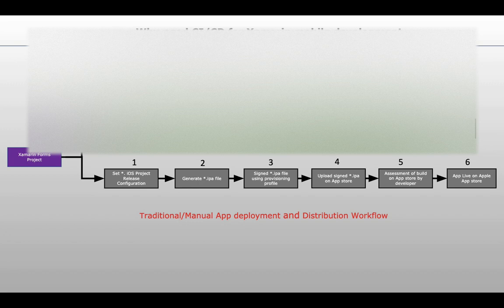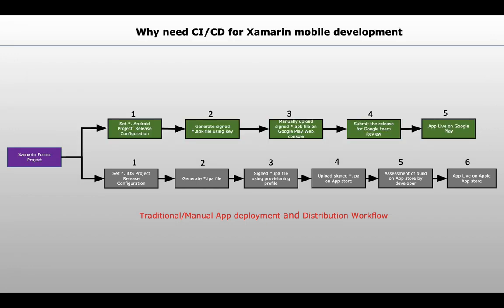If you notice, for Android you need to perform five different steps to roll out or share your build, so the app will be available for downloading by your customer or user. Similarly, for iOS, it requires six different steps. Then only your app will be available for downloading by your customer or user.